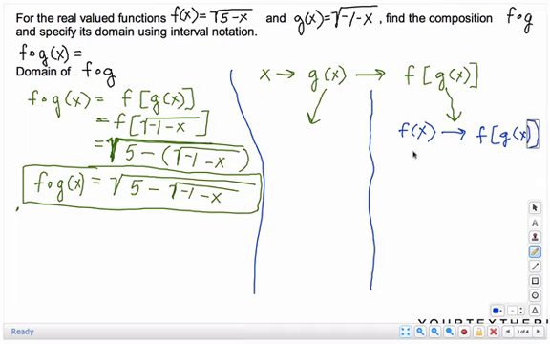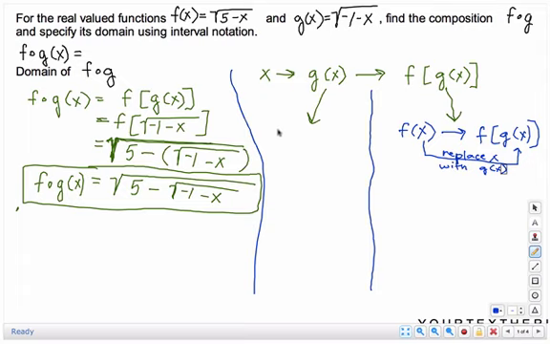So we find the domain of f of x, and then replace the x with the g of x. That's what we did.